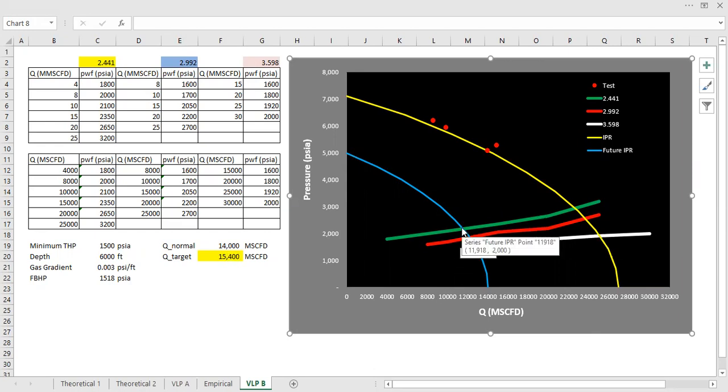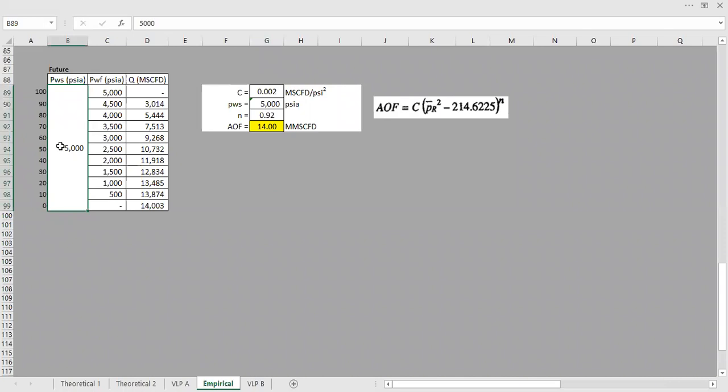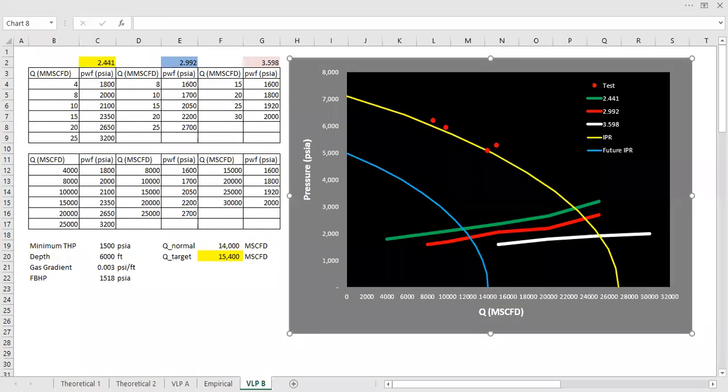So now the intersection occur at around 12,000. Okay, so let's say it happens at the reservoir pressure of 5,500.